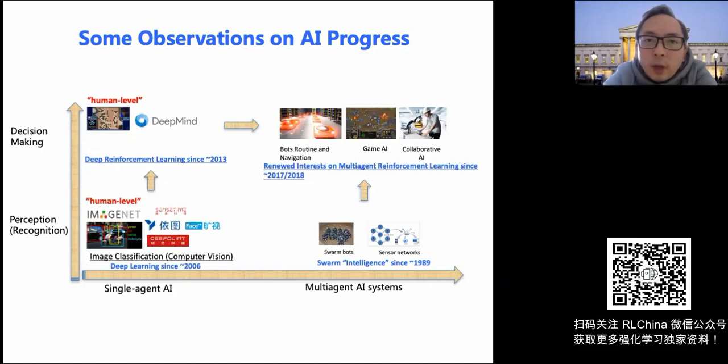This is my personal observation on the AI progress. We started around 2006, when people really thought about neural networks to do so-called classification. What classification is about is extracting knowledge from given data.